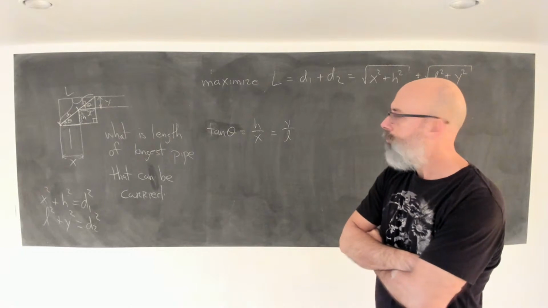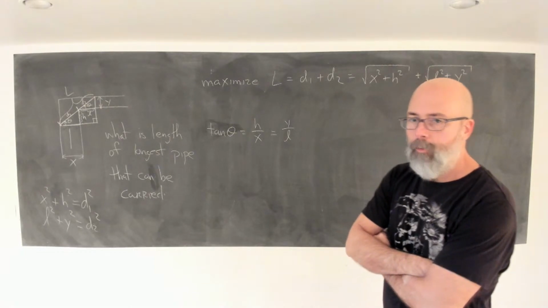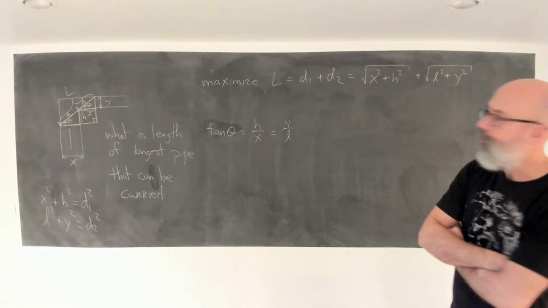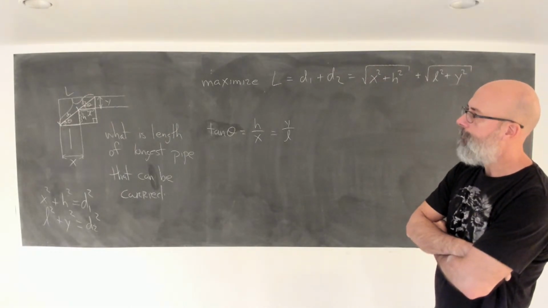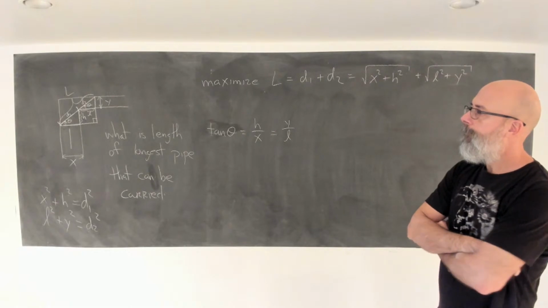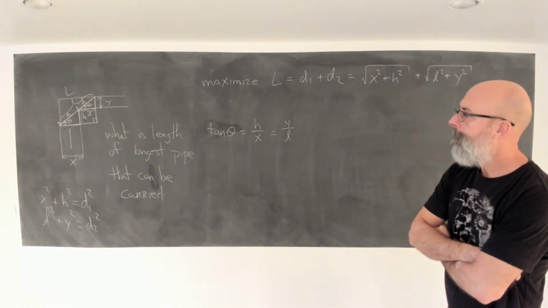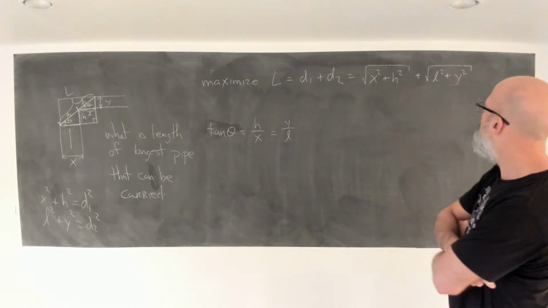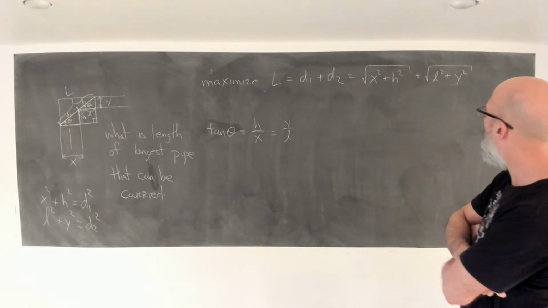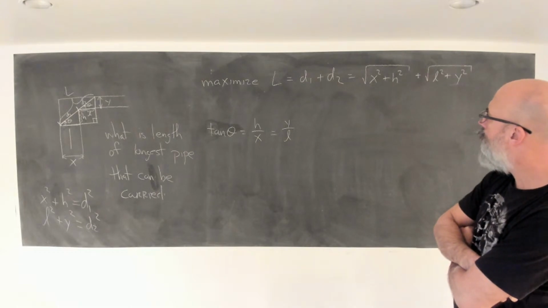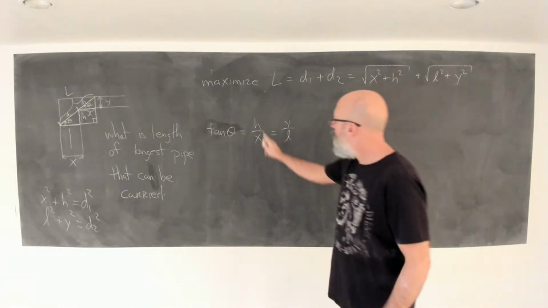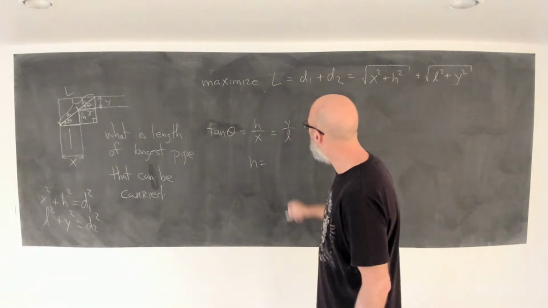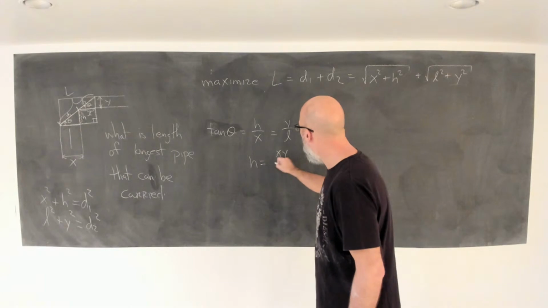We don't know that. We have to assume that they are different. So you see we have a nice relationship between h and L. Maybe we could say that h is xy over L.